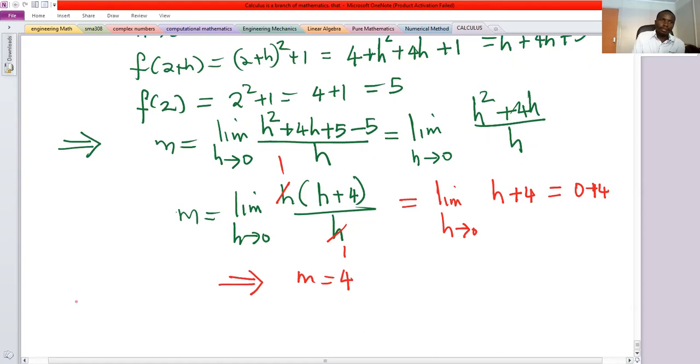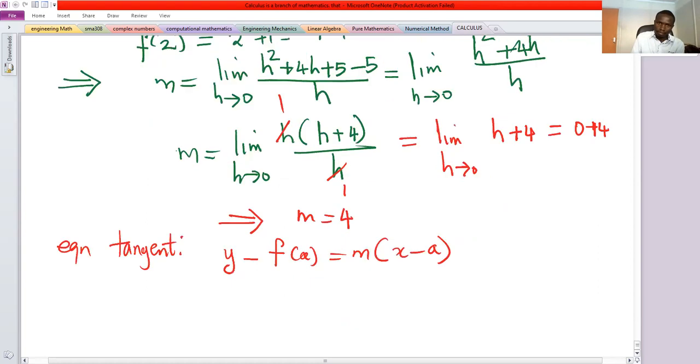And then the equation of the tangent is y minus f of a equals m times x minus a. Our a is 2 for this problem, so we have y minus f of 2 equals 4 times x minus 2.